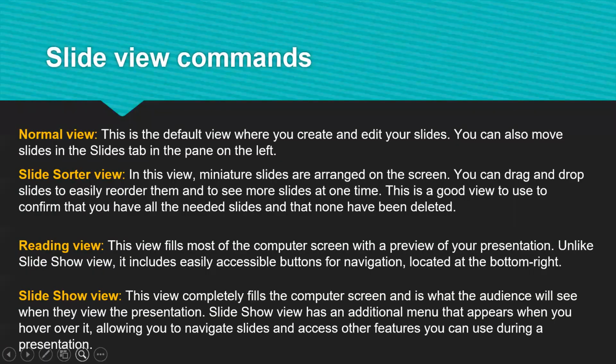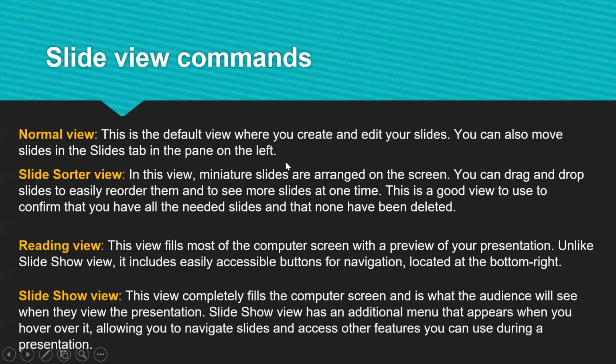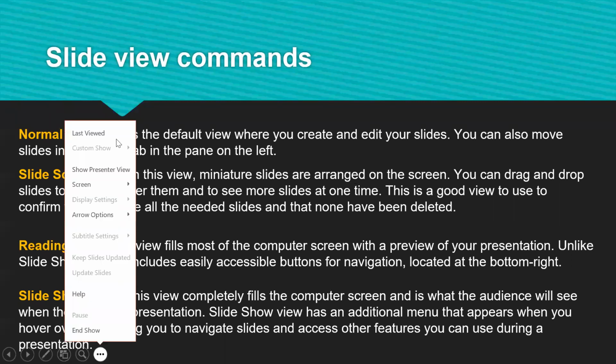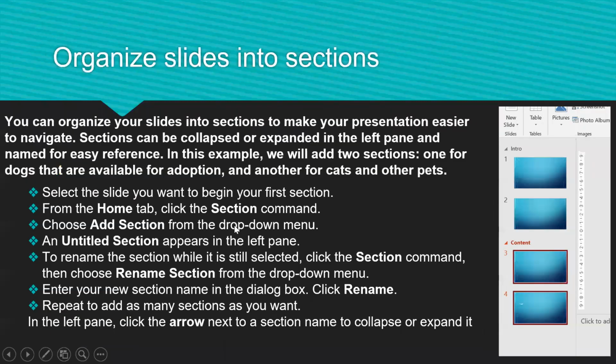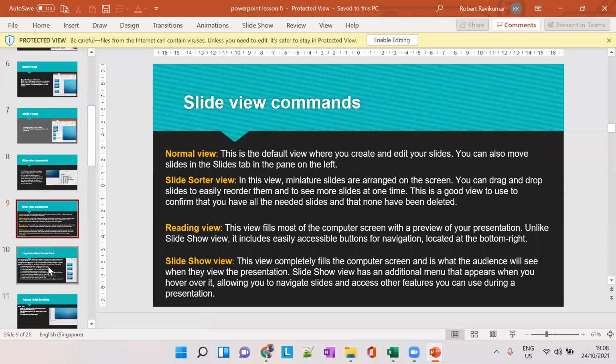You can also zoom in on the slides using this shortcut. There are different items like this in the bottom left. So in the slideshow view, we have all these options that can be used. These are the basic 4 views available, and you can use each of them for different purposes.